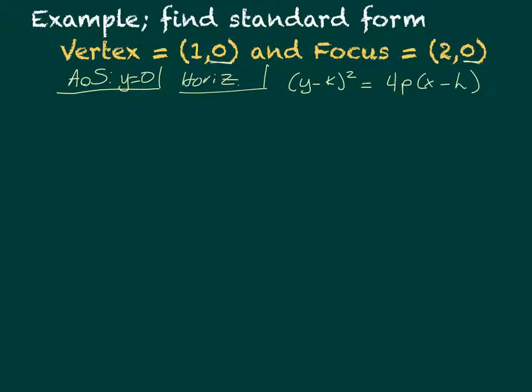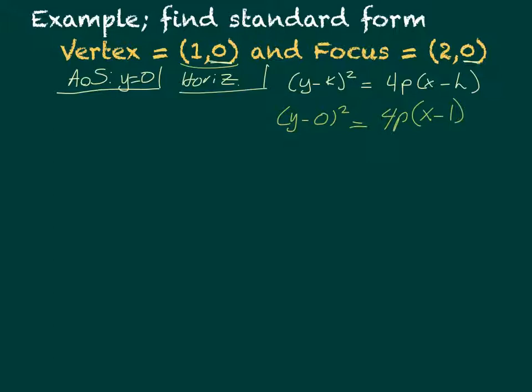So now I put in what I know. I know the vertex, so I'm going to put in the vertex: y minus my k, which is 0, squared equals 4p times x minus 1.